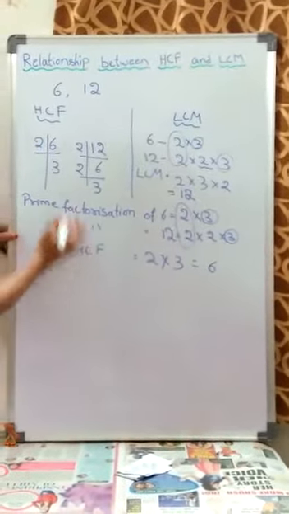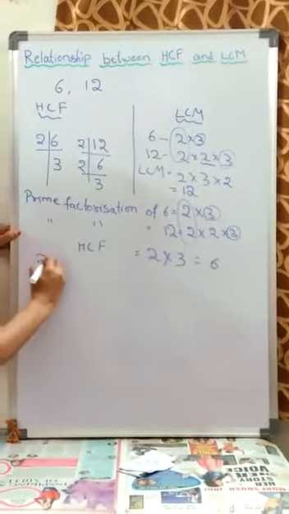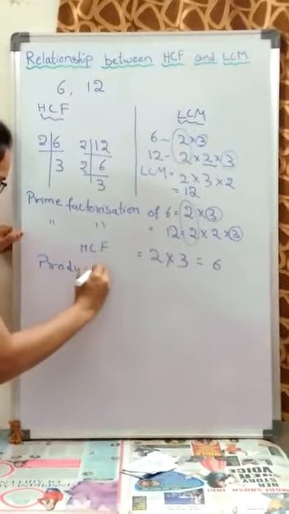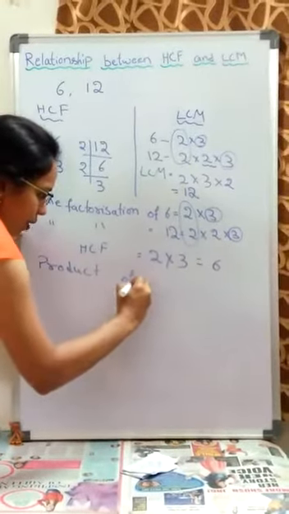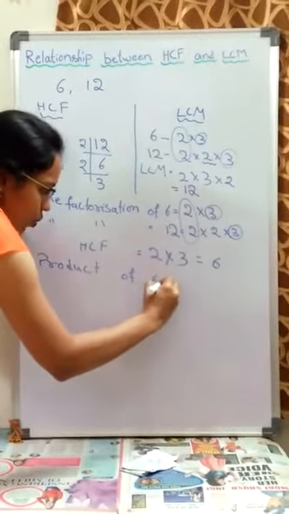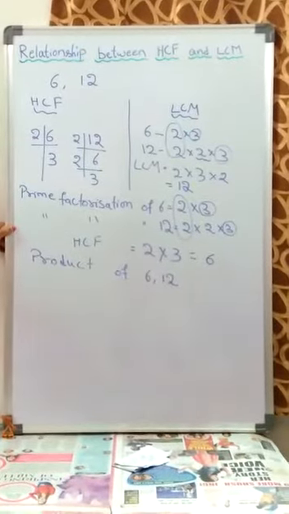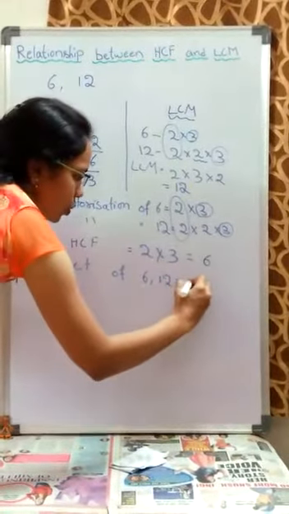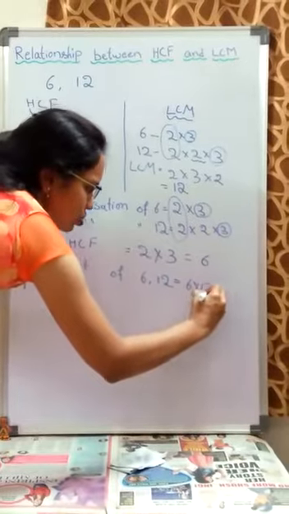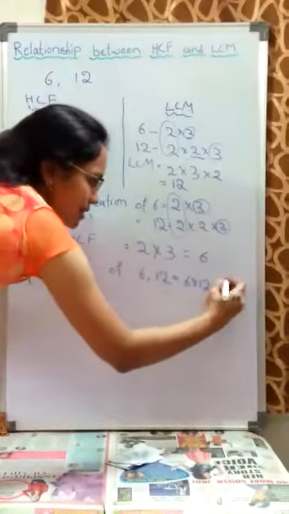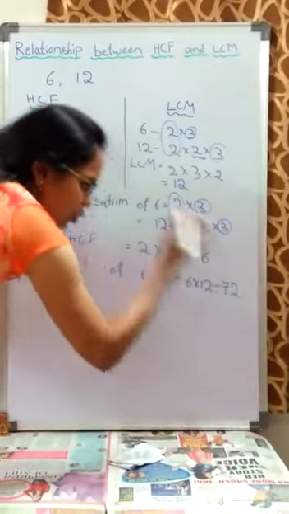Now in order to find the relation, I have to find the product of the given numbers. The given numbers are 6 and 12. So what is its product going to be? 6 into 12 is nothing but 72.